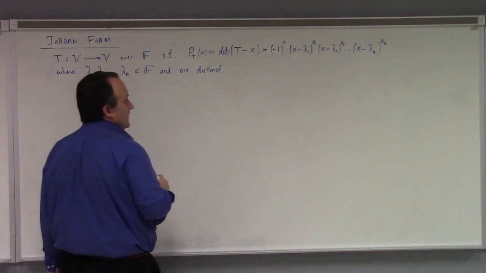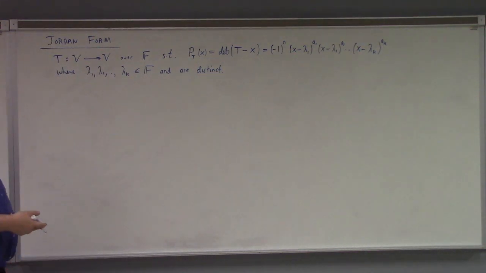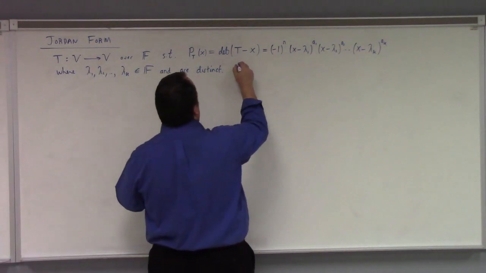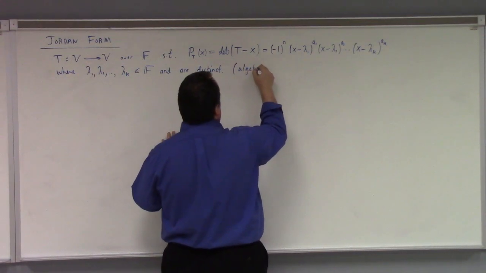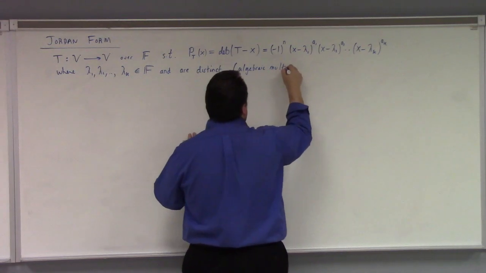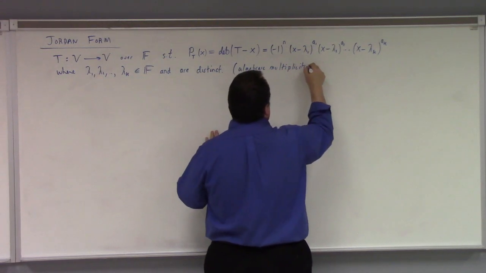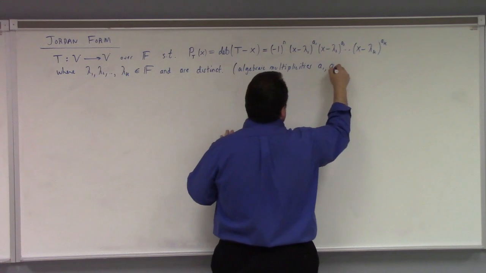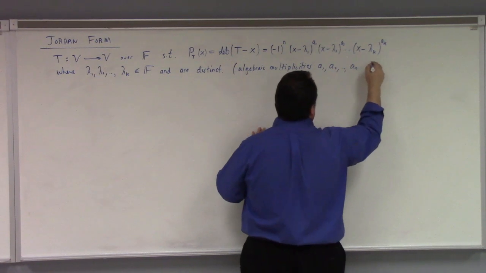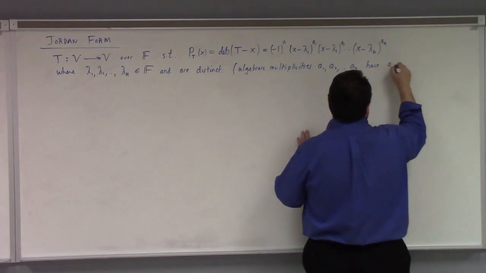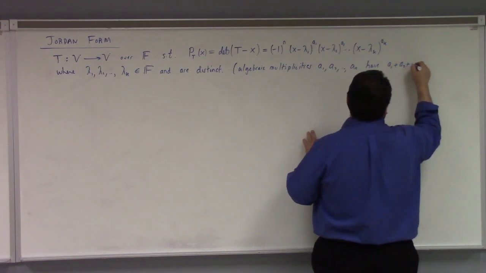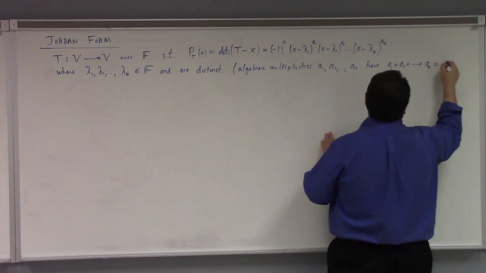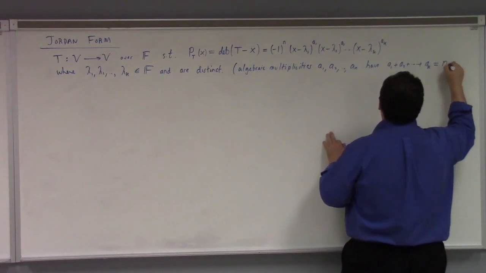If I do that, then what does that make the exponents there? Well, those are what we call the algebraic multiplicities, right? Notice that a1 plus a2 plus ... plus a sub k equals n, right?